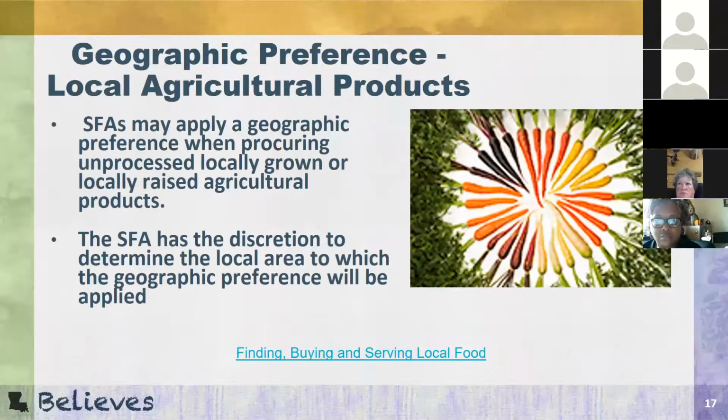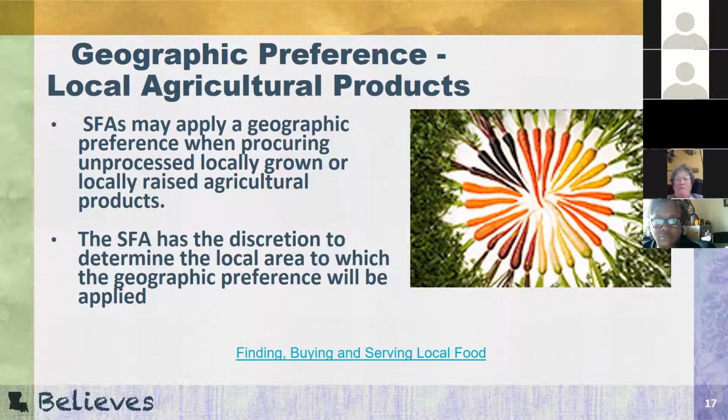So in accordance with 7 CFR 210, a school food authority participating in the child nutrition program may apply a geographic preference when procuring unprocessed, locally grown, or locally raised agricultural products.